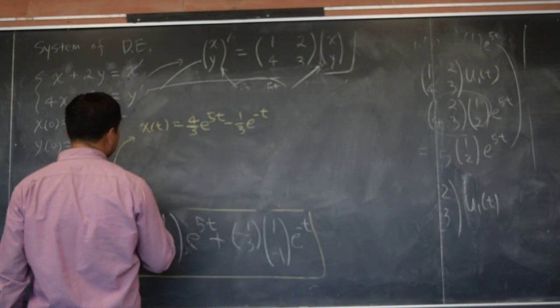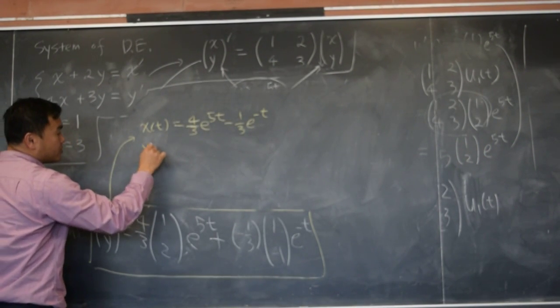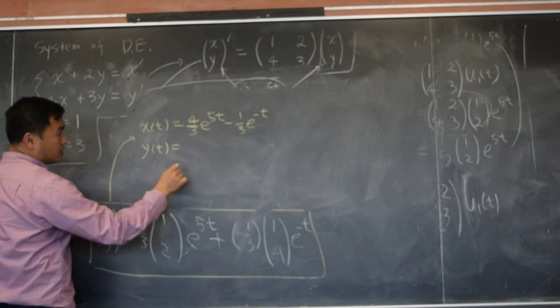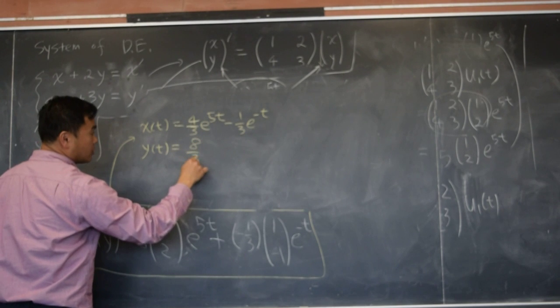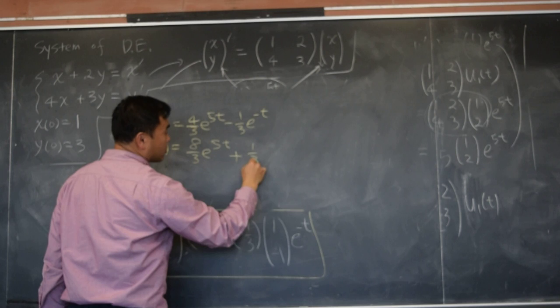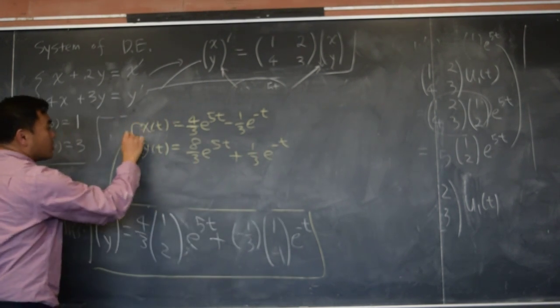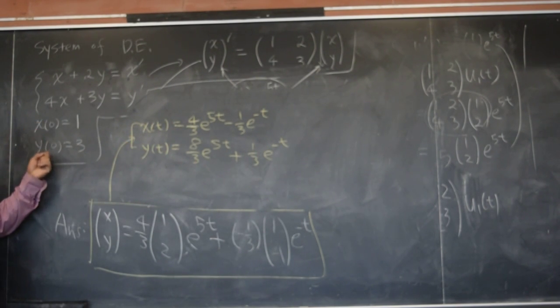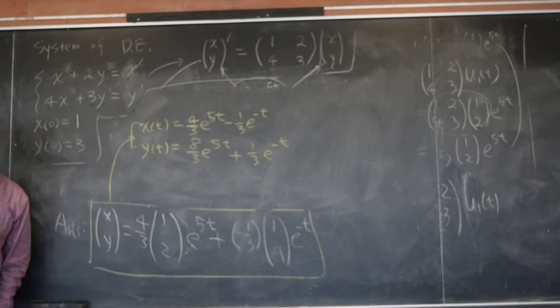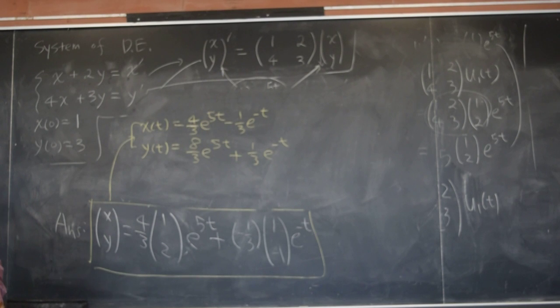And then y(t) is 8/3 e to the 5t plus 1/3 e to the negative t. Okay? And you can verify that it satisfies these conditions, and you can even plug it in here to verify that it satisfies everything. That's how you solve a system of equations.